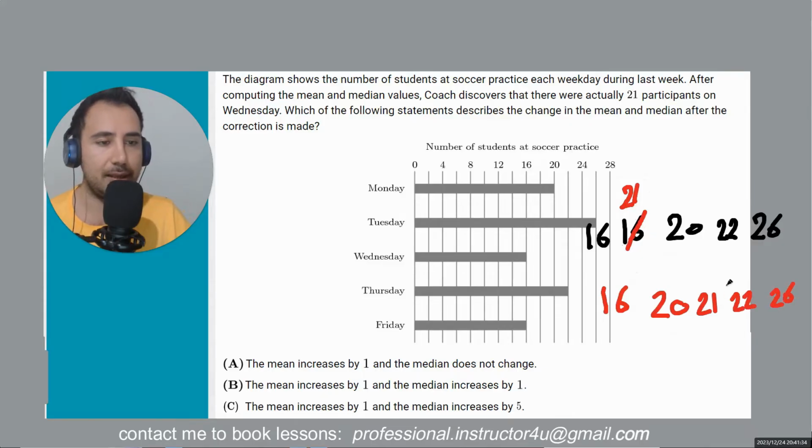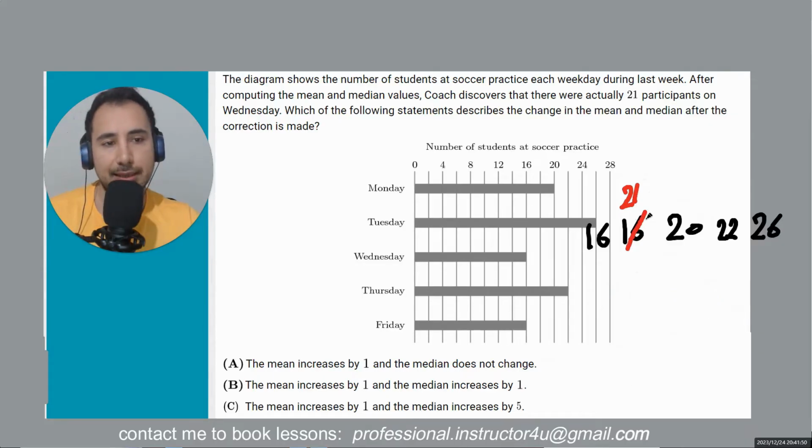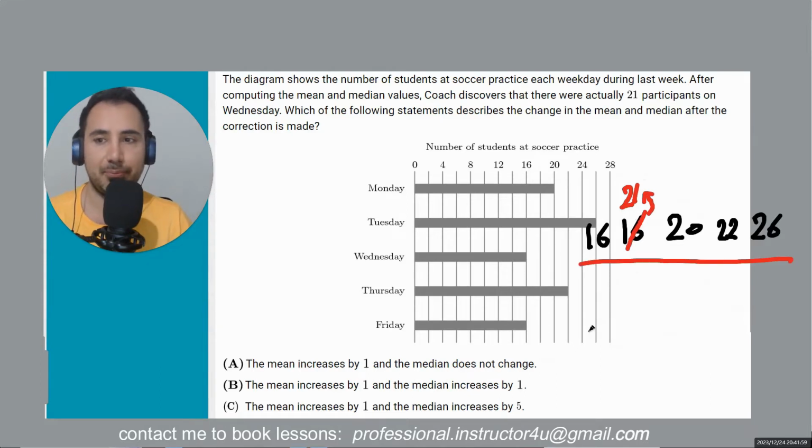Now, what is the median? 21. What was the median? 20. How much did it increase? 1. So the median increased by 1. But now what is the average? You remember what I told you. See, 16 became 21. It increased by 5, so the sum increased by 5.